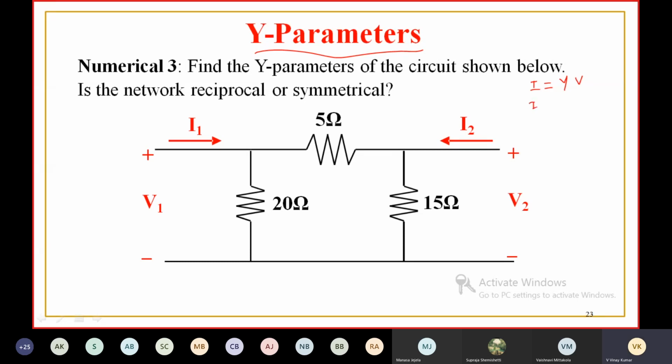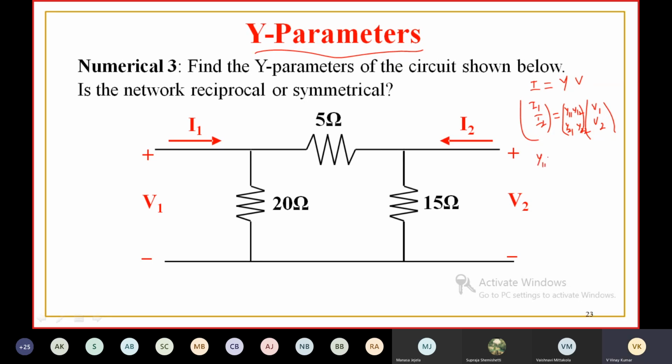Then in matrix form, I1, I2 is equal to the Y parameters Y11, Y12, Y21, Y22 times V1, V2.